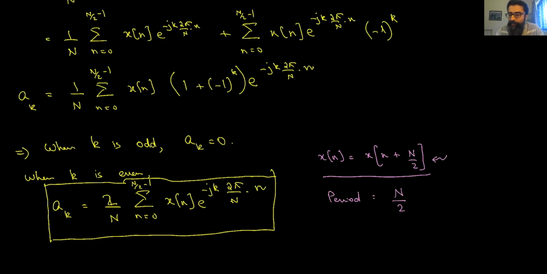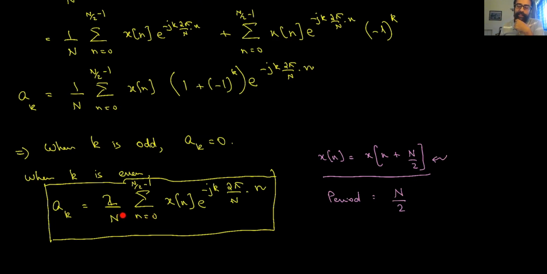There exists a smaller period which is n by 2. And that means if you take half the period of the signal, that's enough because that half period tells you everything you need to know about the other half. That's why we only need half of the period to determine the Fourier series coefficients.